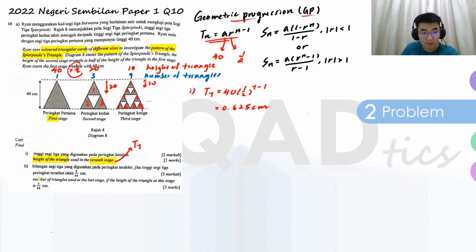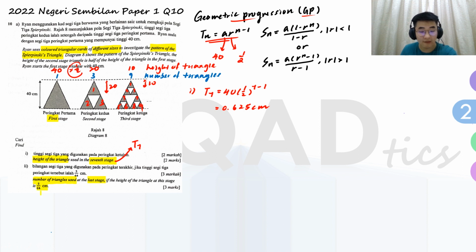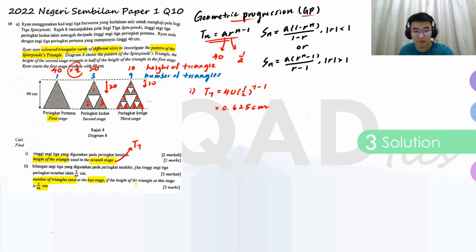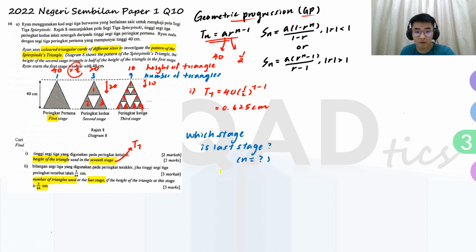And for the second part, we need to find the number of triangles used at the last stage if the height of the triangle for that stage is 5 over 64. Okay, so here there are a few things we need to know first. So the first thing is, which stage is the last stage? Like which stage has this height of 5 over 64? This we don't know.